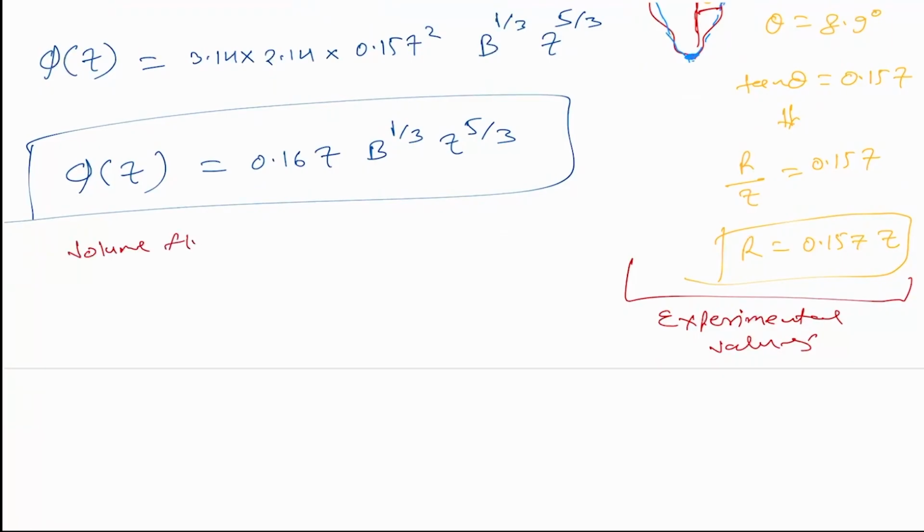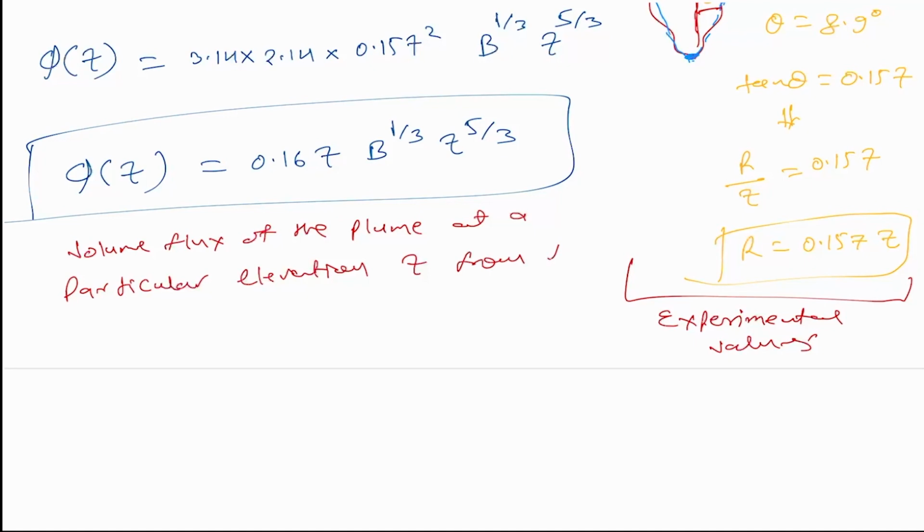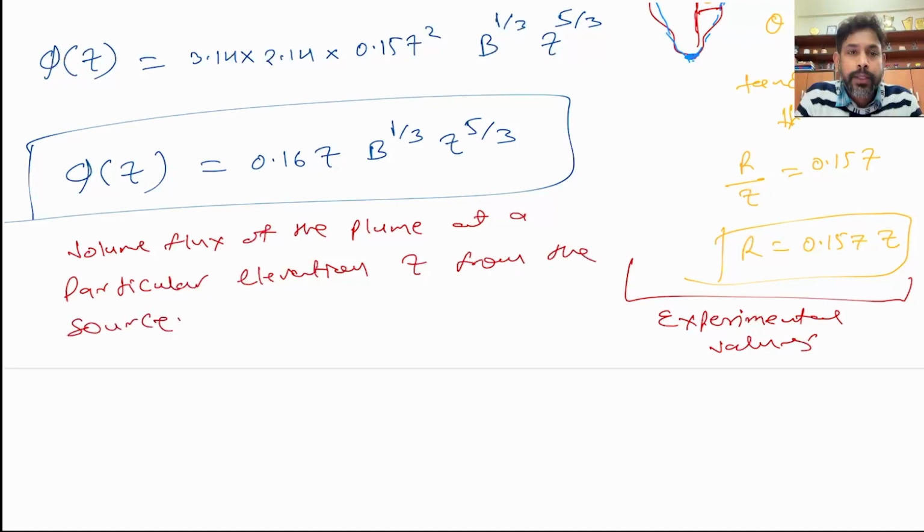Volume flux of the plume at a particular elevation z from the source. Okay, so this is how the volume flux of the plume is found once you know the velocity.